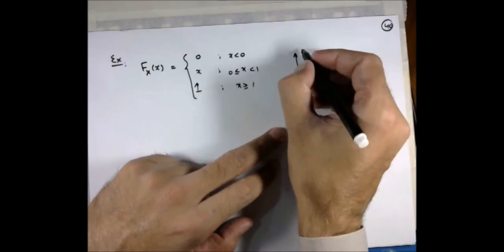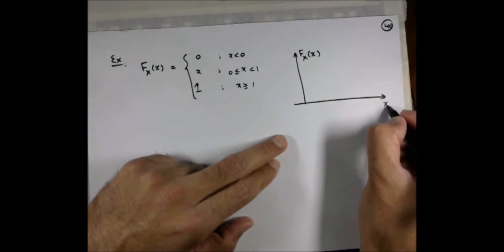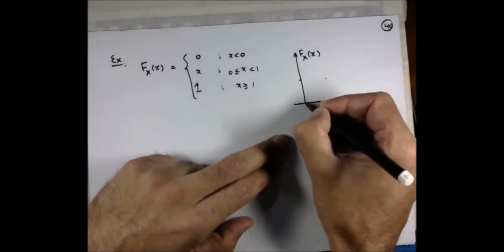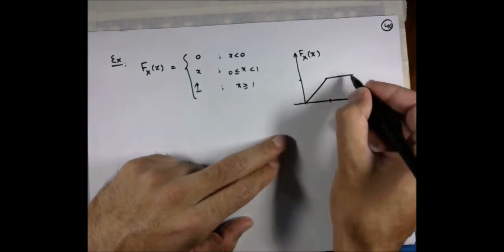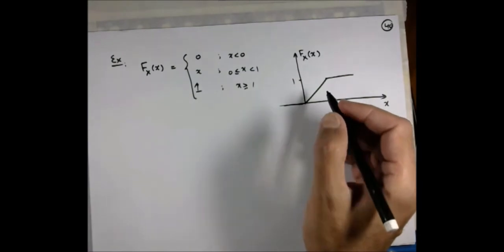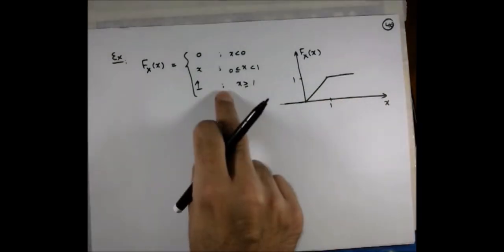But just a quick redraw of this CDF. This is 1, this is 1, the CDF is like this, and then it stays as 1. This is the CDF, the plot of this particular CDF.